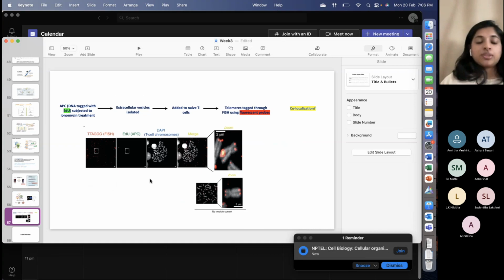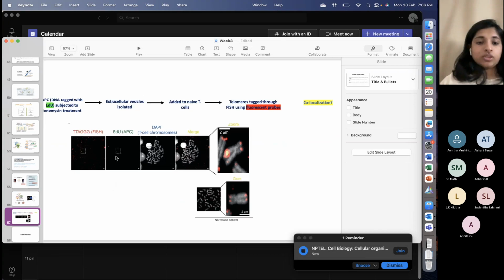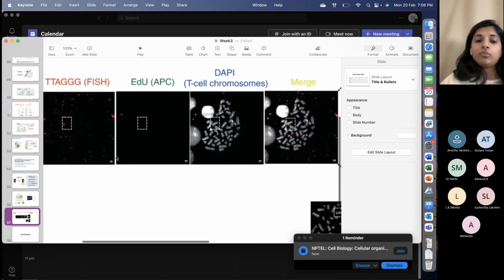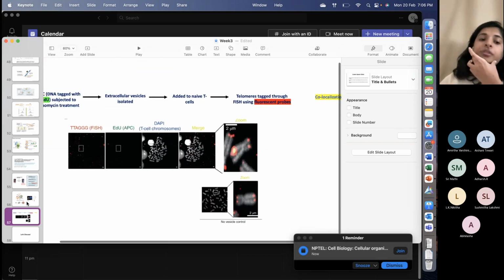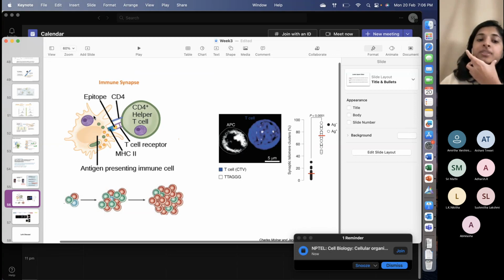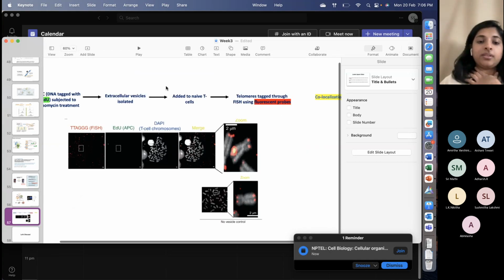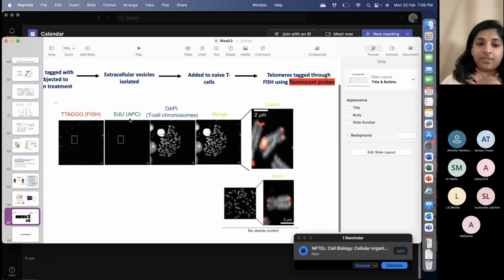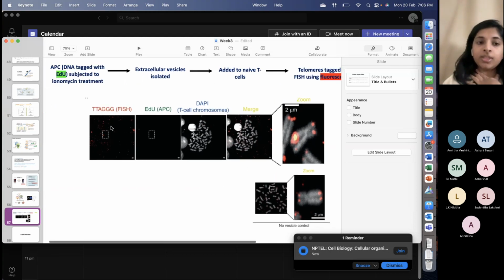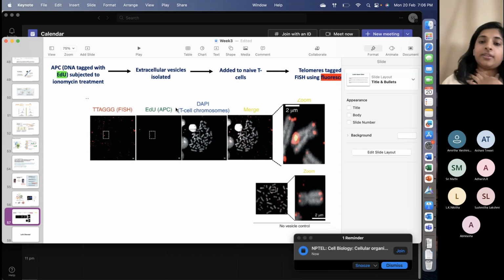So in this experiment, which is fairly simple, what they did was they labeled the telomeric ends of the APC. First we need to establish that the immune synapse happens between an APC, which is an antigen presenting cell, and a T cell. So they labeled the telomeres in the APC using a probe which is, say, green in color. Then they allowed the immune synapse complex formation to happen.